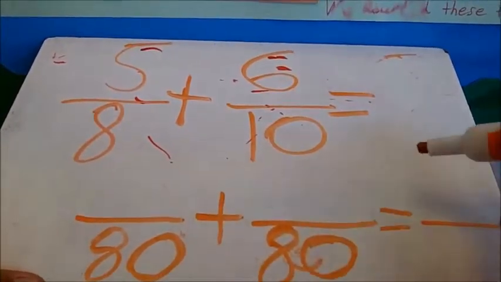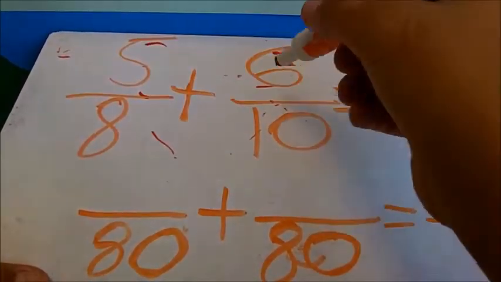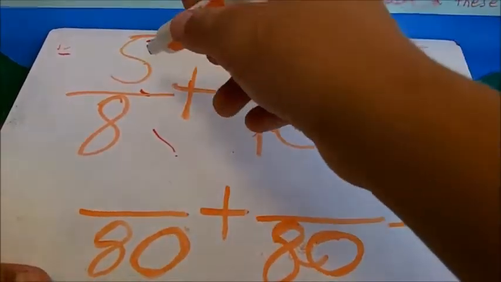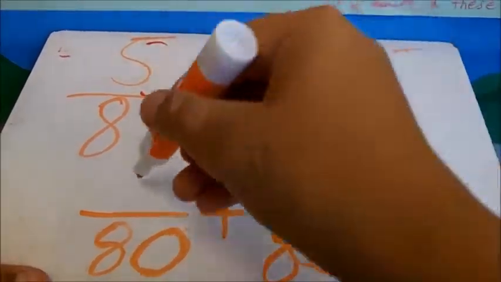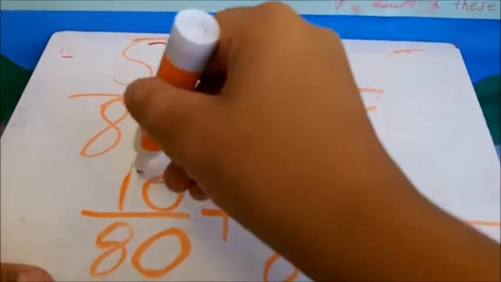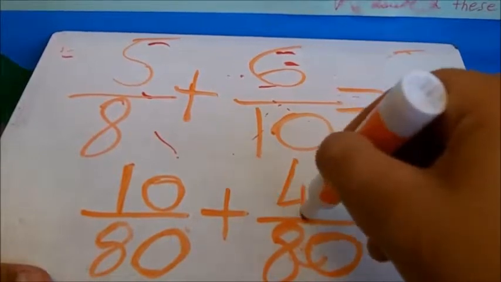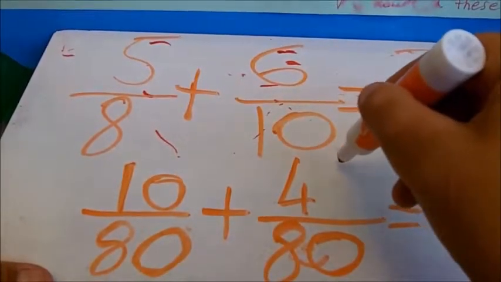And basically what you have to do is you have to times this 5 by 10, which would be 10 for here, and 8 by 6, which would be 48.